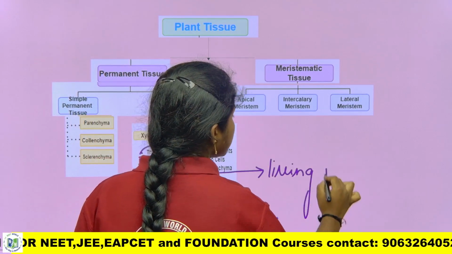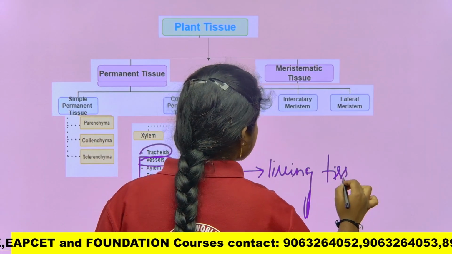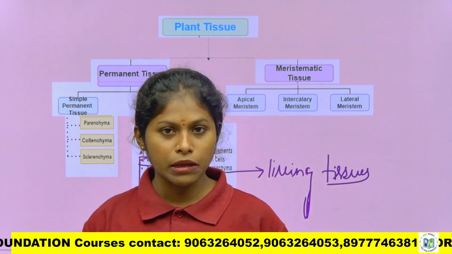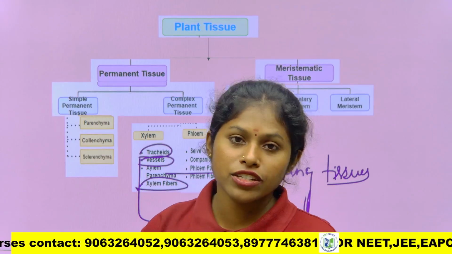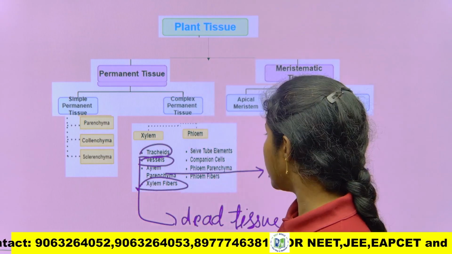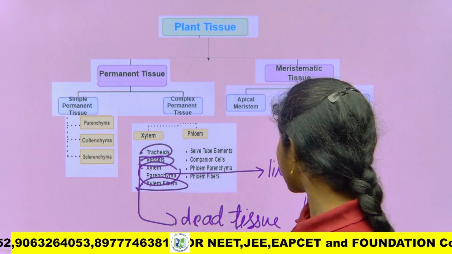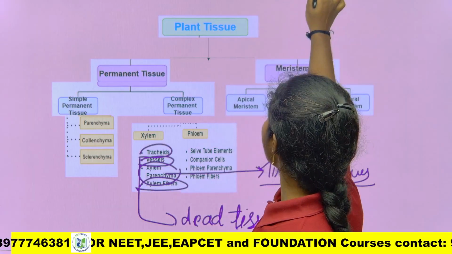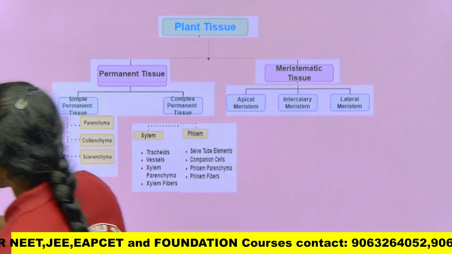It helps in regeneration and healing. What is the function of parenchyma, children? Parenchyma function is healing and it helps in regeneration. As it is the xylem parenchyma, it is involved in regeneration and also healing purposes, right. So, almost tracheids, vessels and xylem fibers are dead tissues, right. So, let us see.